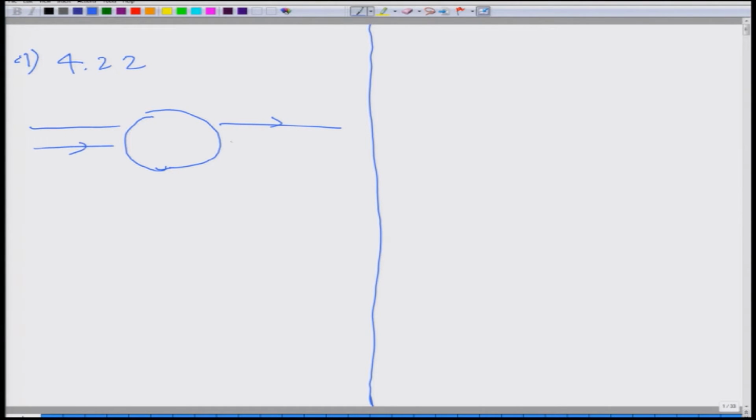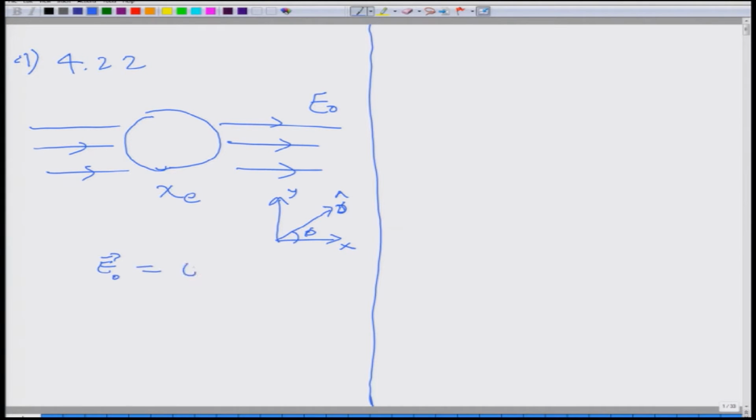So there's a constant electric field E naught and the cylinder has a susceptibility chi E. This will be our x direction, y direction, and if r is along this direction, r cap, then phi will be this angle. So you have your electric field E naught, which is E naught in x cap direction.